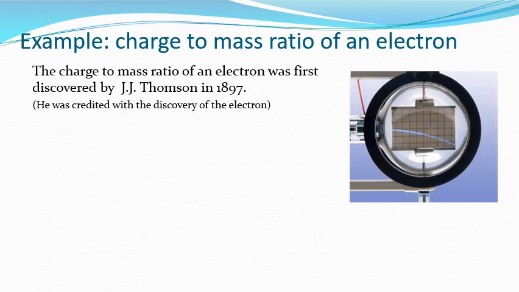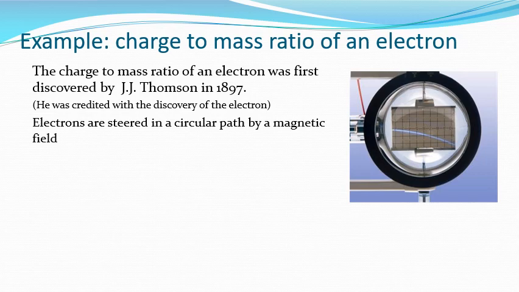He did this by getting the electron deflected by the magnetic field. So we've got our deflection tube with the electron being deflected by the magnetic field in a circular path. That path there is part of a circle. You can work out what the radius of the circle would be from that by taking coordinates from it.